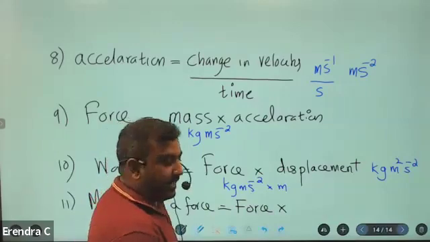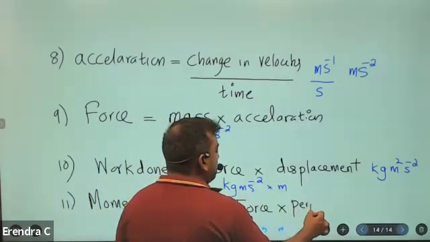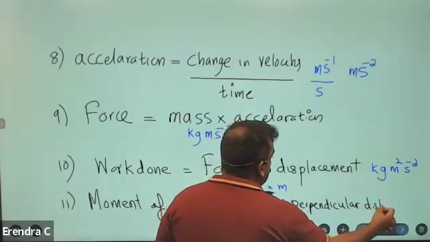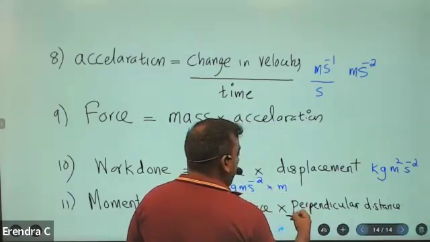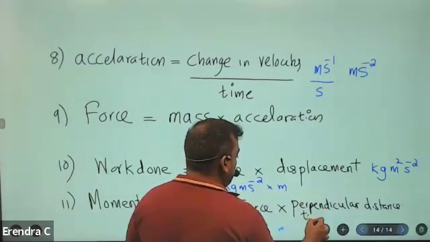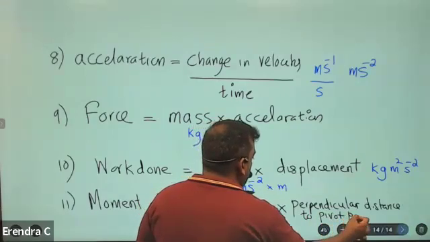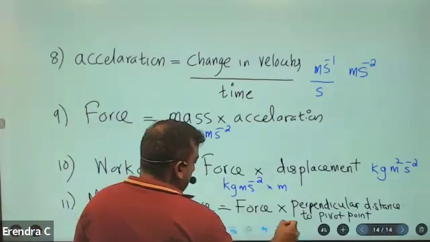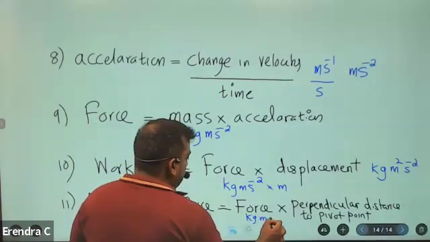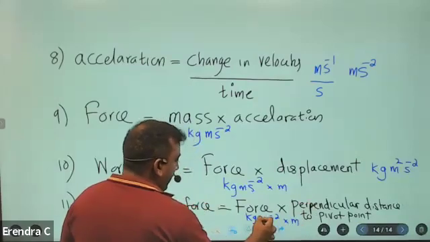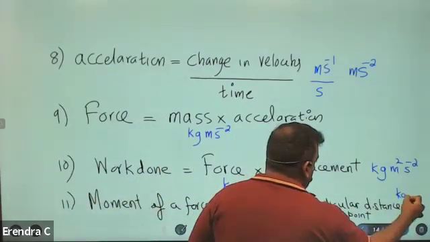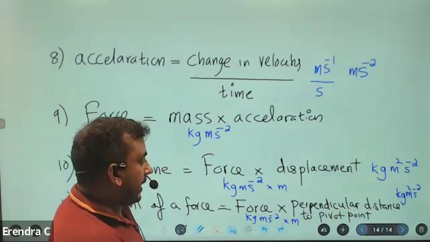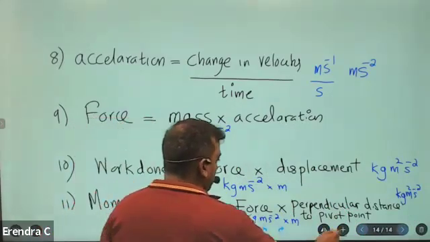Force multiplied by perpendicular distance to point of rotation or to pivot point. Either way, okay. Right. So force is kg ms minus 2, distance is m, becomes meter squared. So kg m squared s minus 2. Here, kg m squared s minus 2.